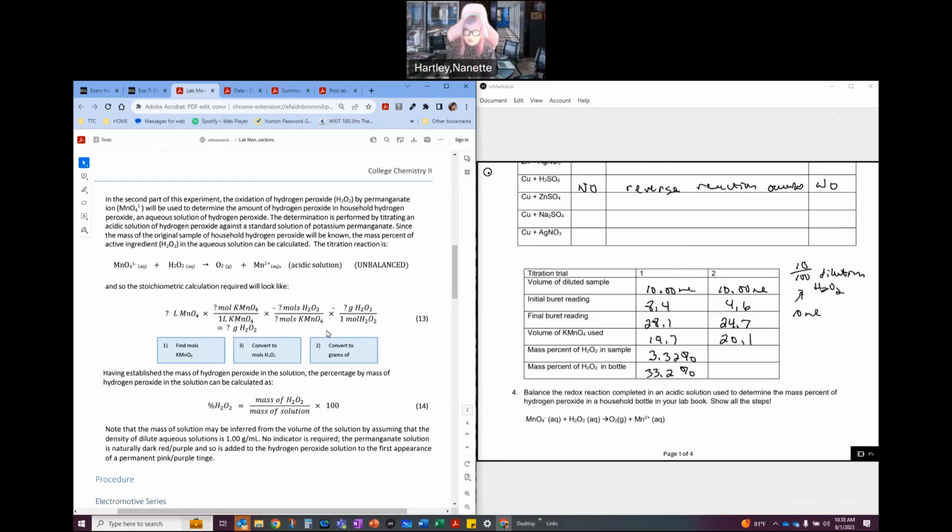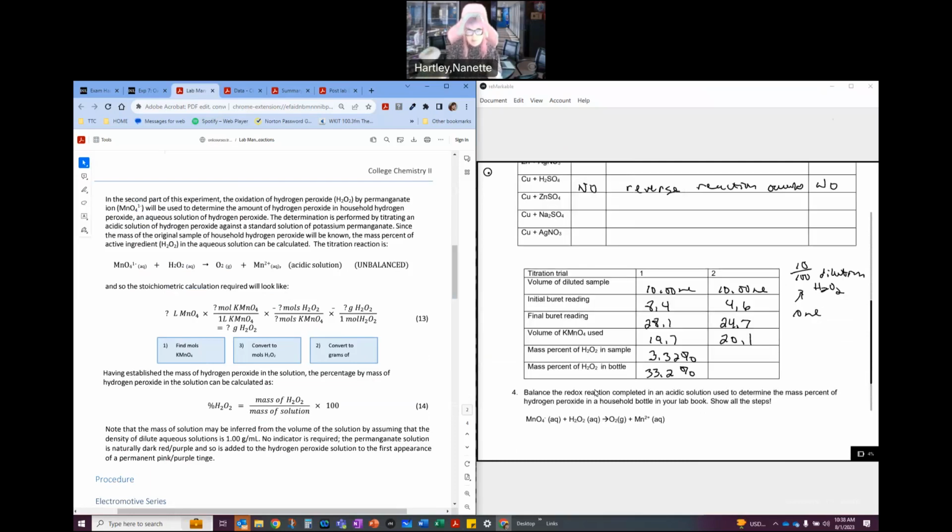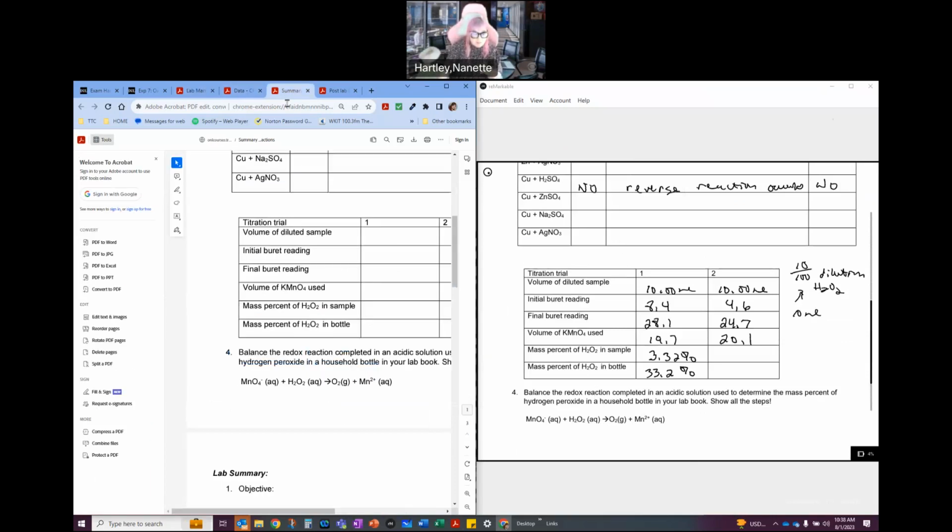Again, that is not correct, but that is the number that you're going to report. I'm going to leave you to do this calculation on your own to make sure that you know how to do that. Make sure that you can write down how we got to the balancing of that equation. And I think that's everything for pre-lab. That's everything for the summary portion.